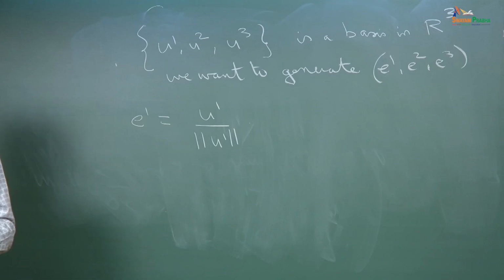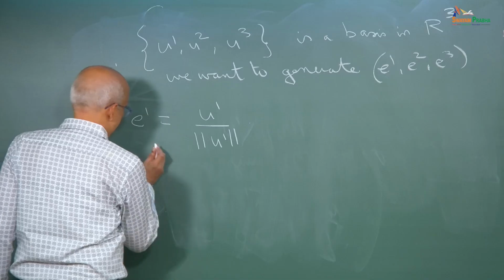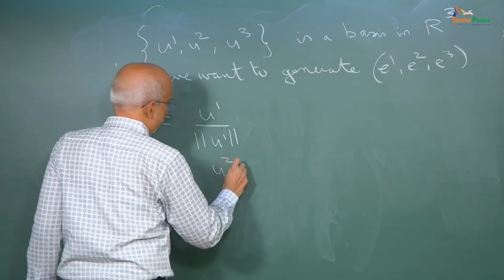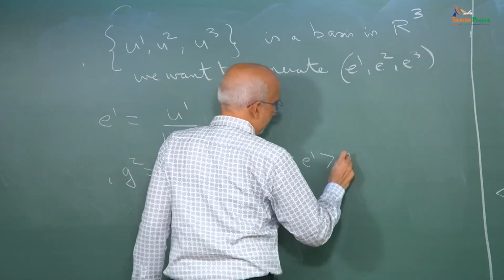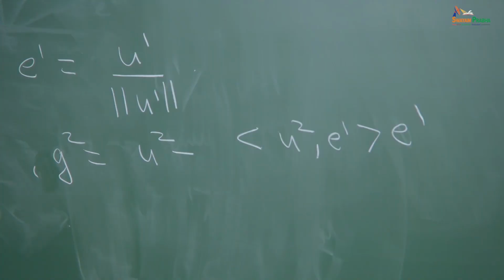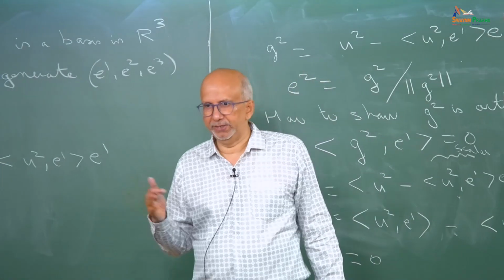What about the second one? The second one will be the same as what we did. I find G2, which is U2 minus the inner product of U2 with E1 times E1. So I get my second vector by doing this projection, because when I am doing it algebraically, it does not matter if it is 2D or 3D.